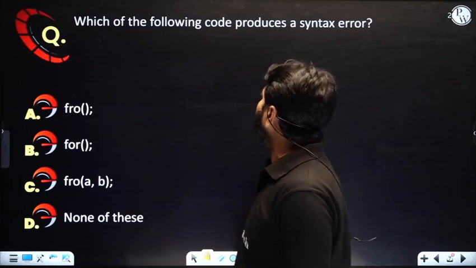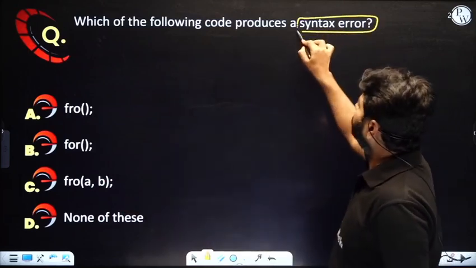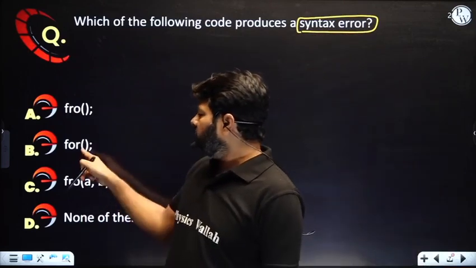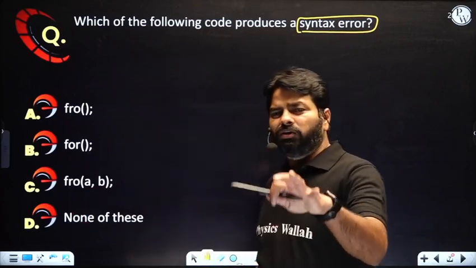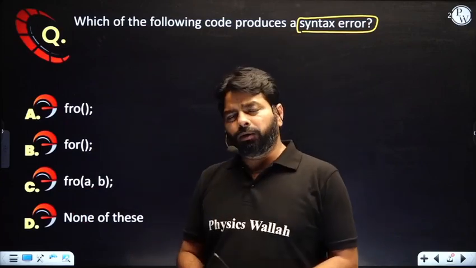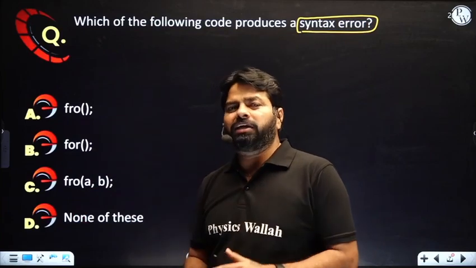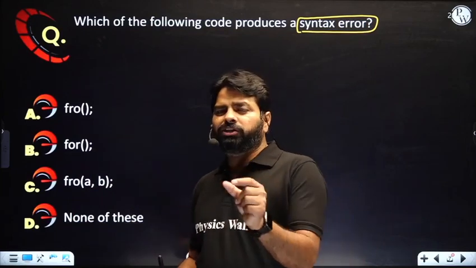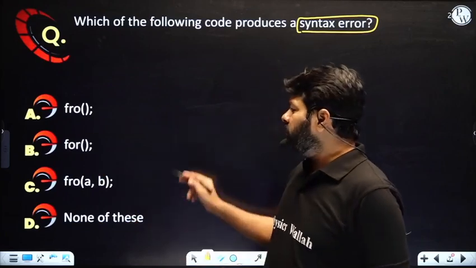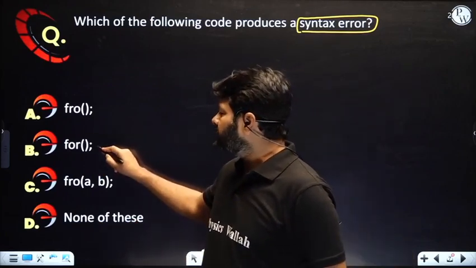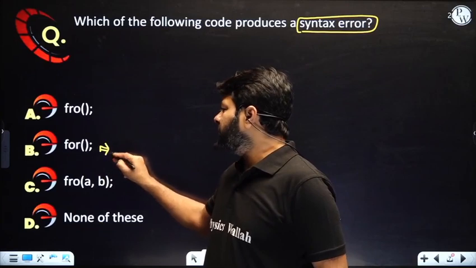It's absolutely correct, but you want a syntax error. Which one is producing a syntax error? The next one, for, is a keyword. You know that for is used for the loop, and the for expects three expressions in the parentheses, but you did not mention any expression. It's going to give you a syntax error.